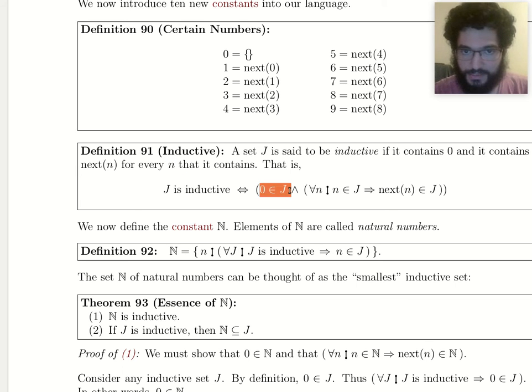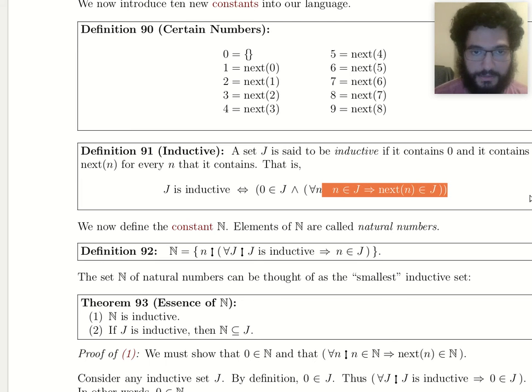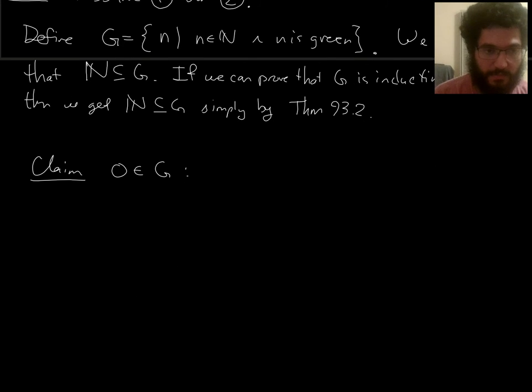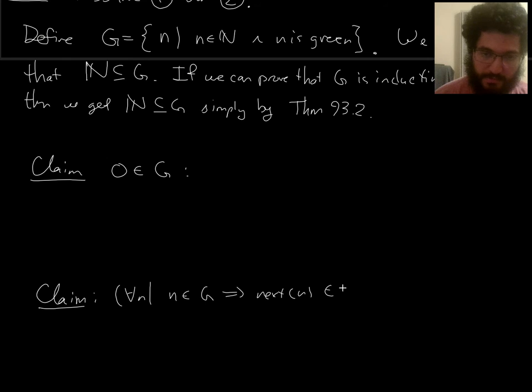So in other words, we have to prove this, but with G rather than J, and this, but with G rather than J. So let's write it as two separate claims. 0 in G, and for all n, if n is in G, then next n is in G. So let's write the proofs of these claims.